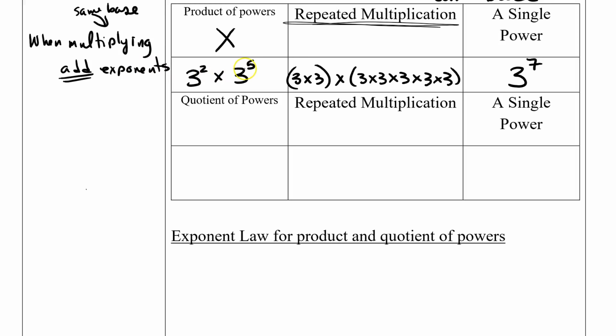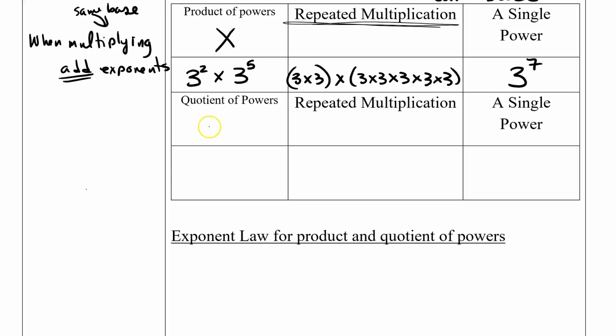So 2 plus 5 is 7. The base remains the same. Nothing happens to the base. We don't say 3 times 3 and it becomes 9. The base stays the same, kind of like the denominator in a fraction.